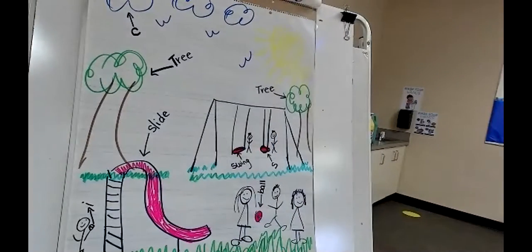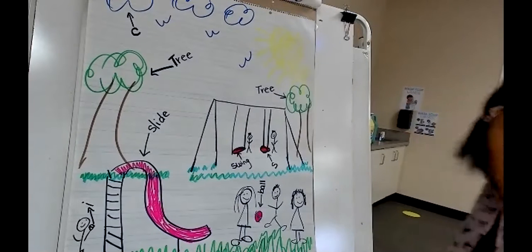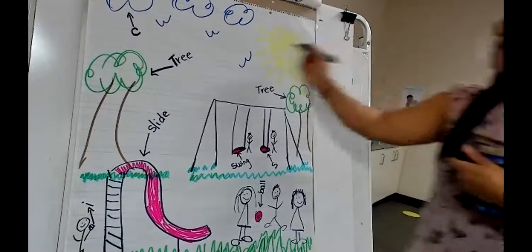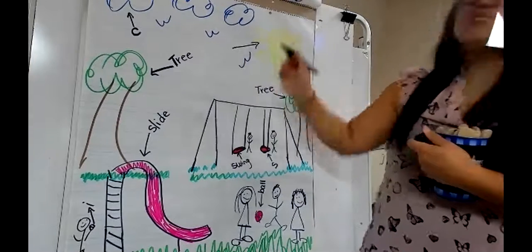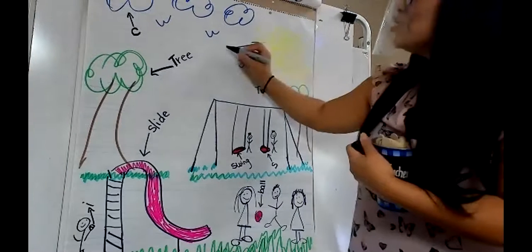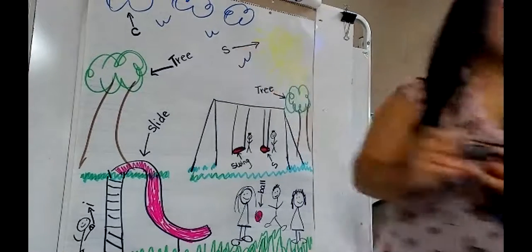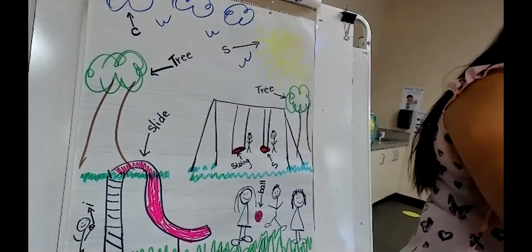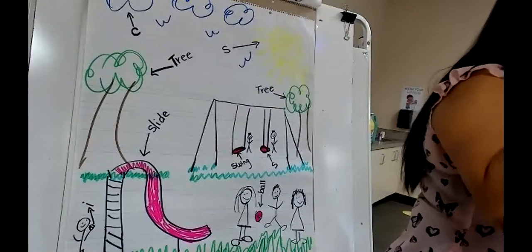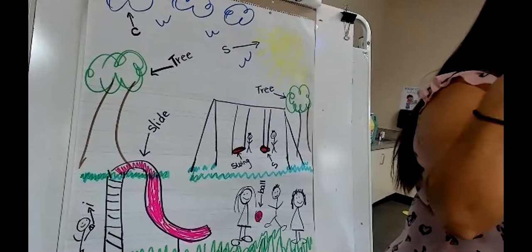How about Christian? What do you see in my picture that we can label? Sun. Yes. What does sun begin with? What's the beginning sound you hear in sun? Yes. So we can write an S right here because we hear sun. But wait, let's see if we can write the other sounds that we hear. Sun. What do we hear?